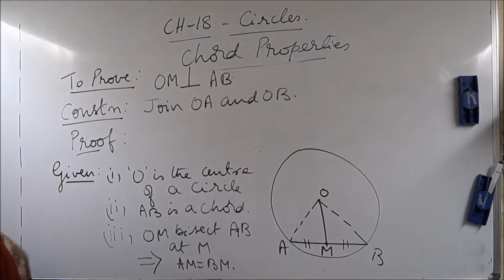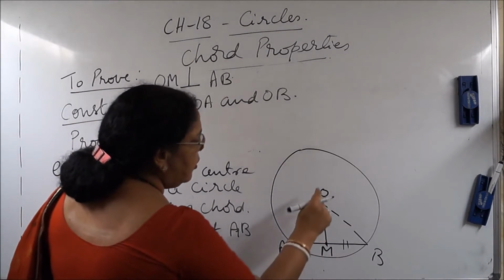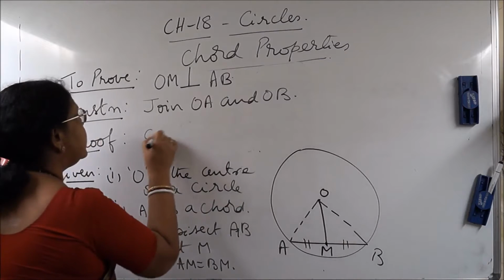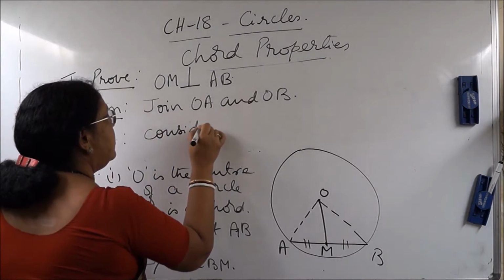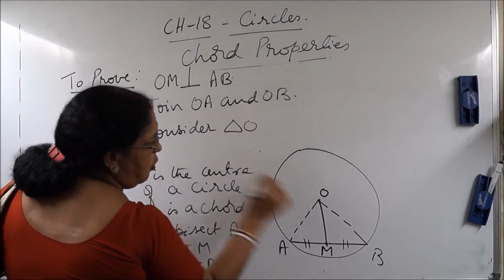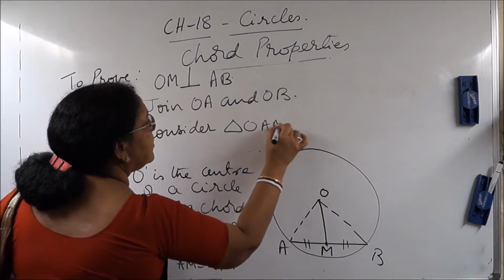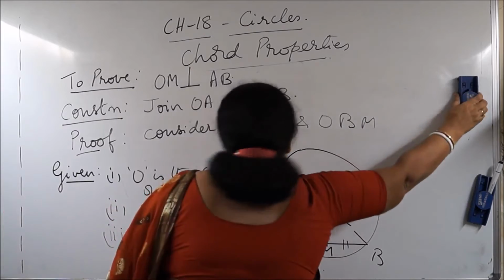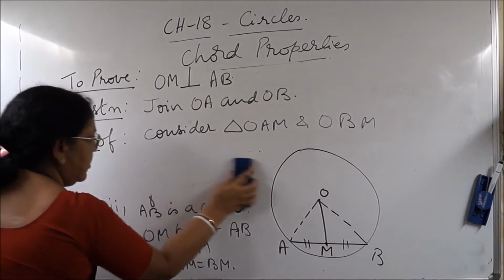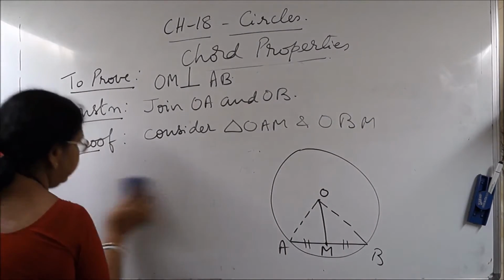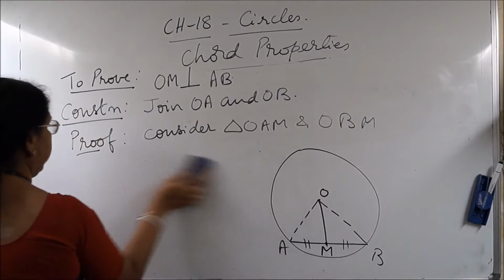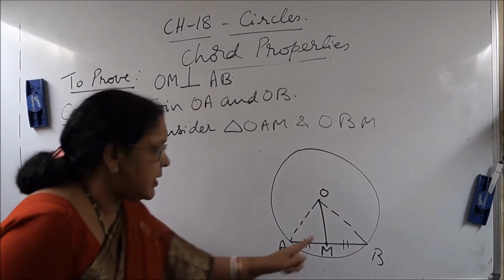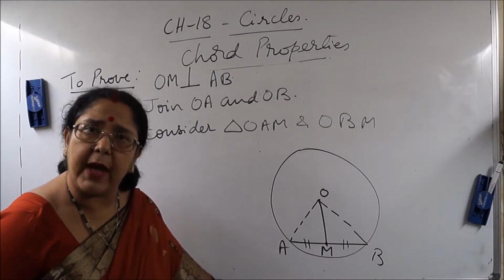Now proof, or we can say we are verifying whether this is true. For that, let us consider the two triangles OAM and OBM. We are trying to prove whether these two triangles are congruent. If these two triangles are congruent, then we can see what happens to these two angles.